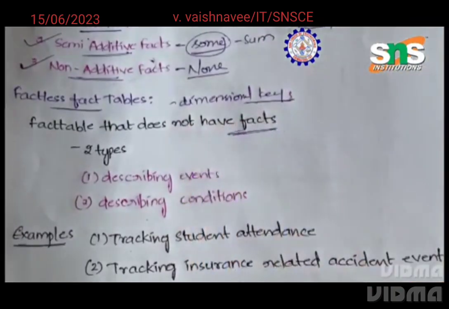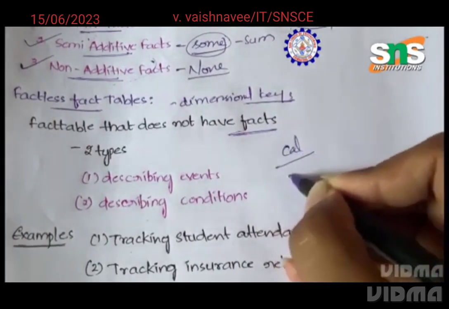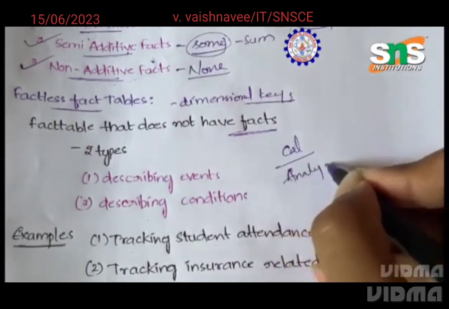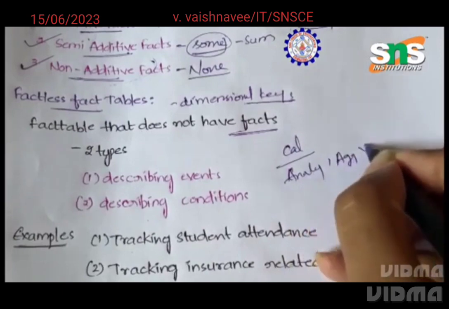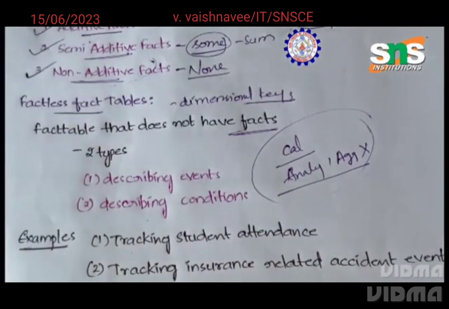It will capture the events that happen only at the information level, but not the information included in the calculation level. Calculation level means analysis, aggregation; all this information will not be involved. It will contain only information related to analysis. It will not contain calculation related information.